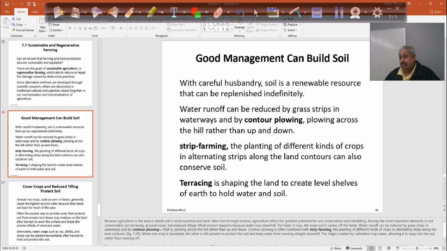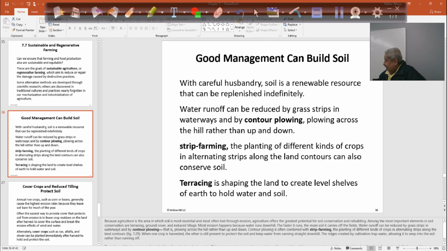Strip farming, planting different kinds of crops in alternating strips along the land contours, can also conserve soil. I mentioned that before. Some farmers, whenever you are driving into Macon and the farm areas, you can look.